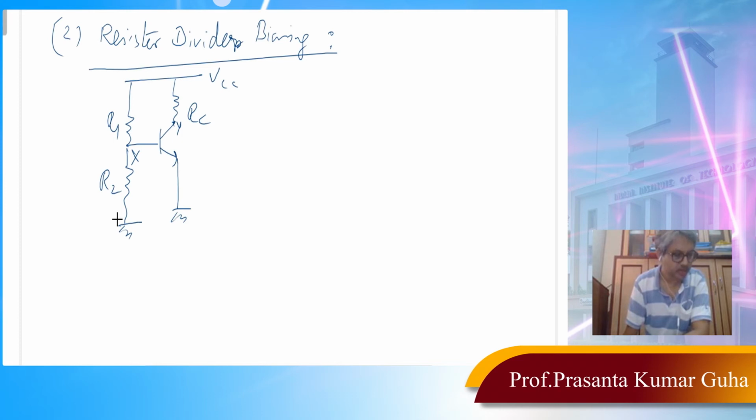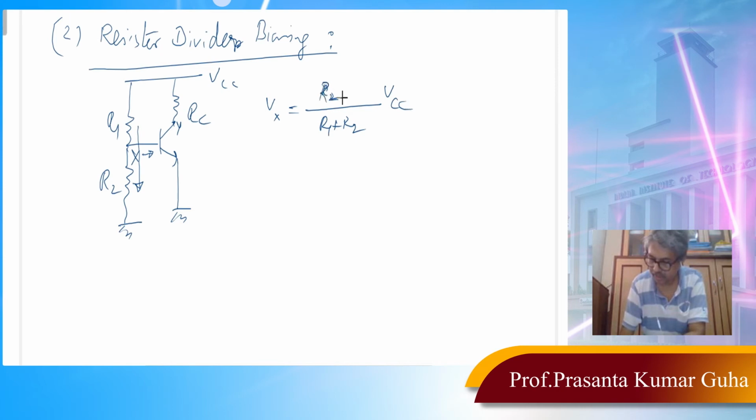Now in this particular circuit, if we assume that the current along this path is much greater than IB, so that the base current is negligible, we can clearly write this, and IC will be equal to IS exponential VB over VT, where VB is basically your Vx.